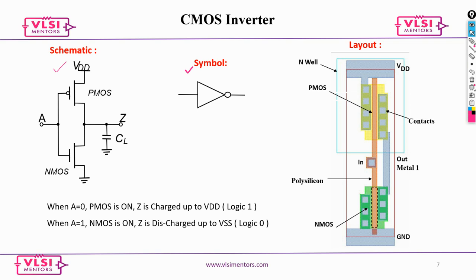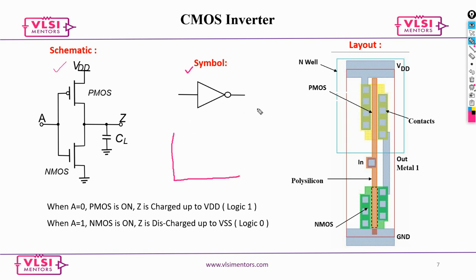Have you heard about something called a VTC? What is it called? If you look at your inverters, it is always going to be something like this. We actually plot it.